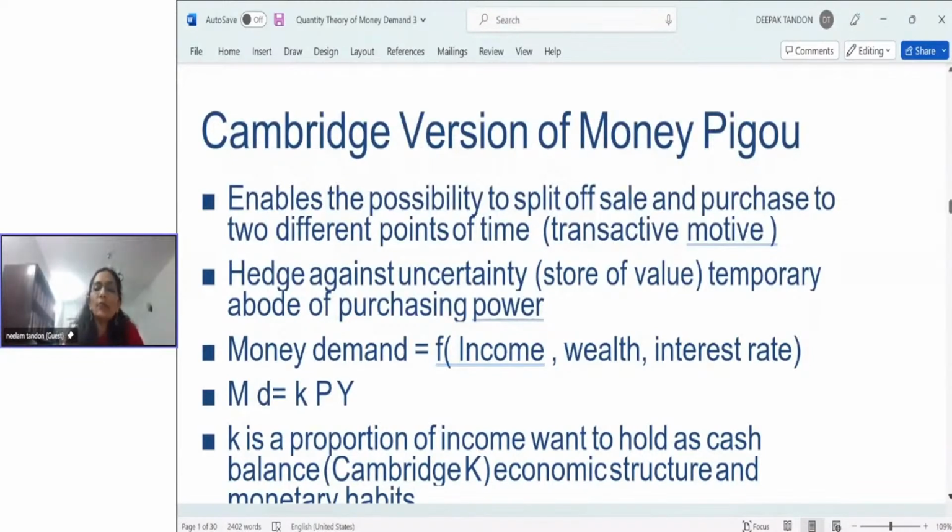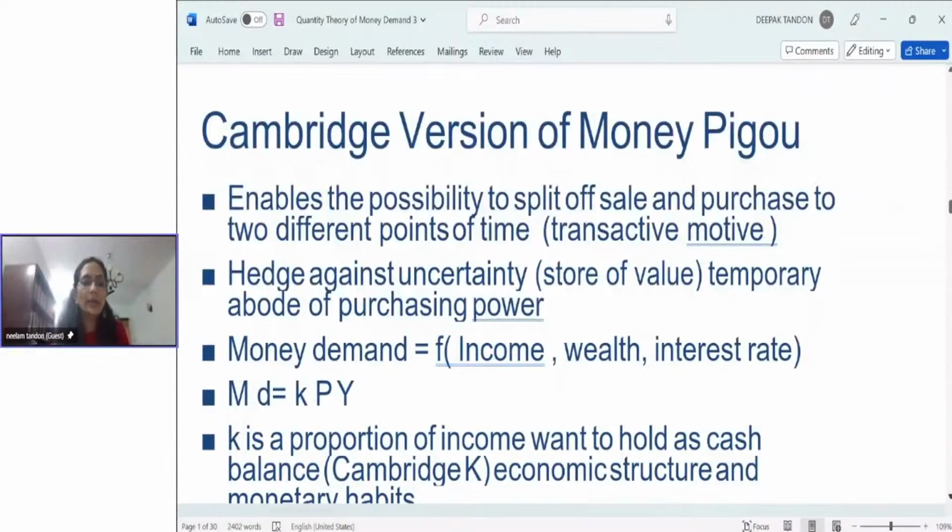I may sell my house today, but I may not purchase tomorrow. But I get money in hand, and with that very money, I can buy in future. So we can split sales and purchase at two different points of time because of money in hand. And this is the transactive motive.